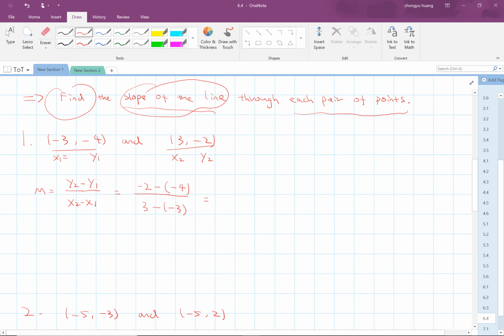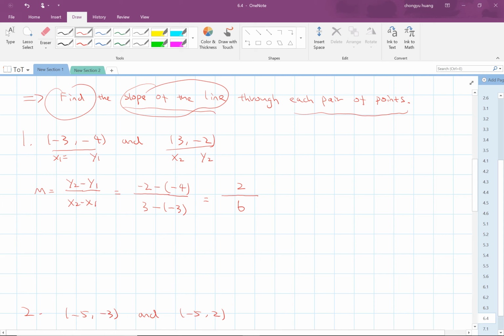Now you solve the calculation. On the numerator we have -2 plus 4, which is 2. On the denominator we have 3 plus 3, which is 6.